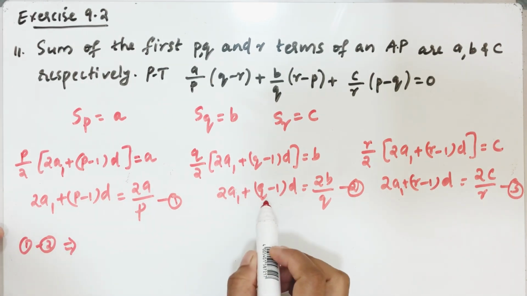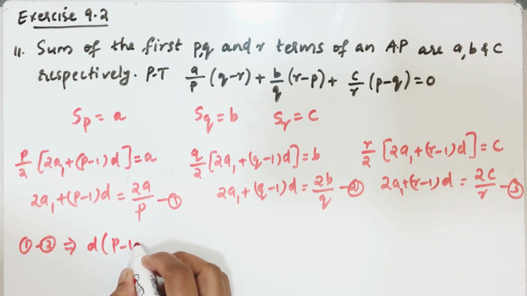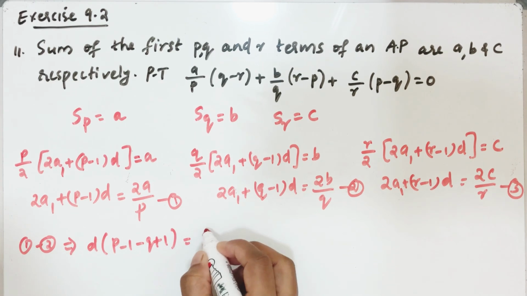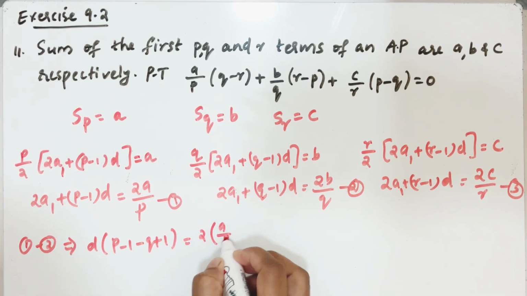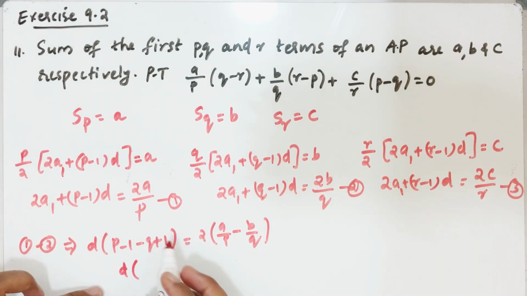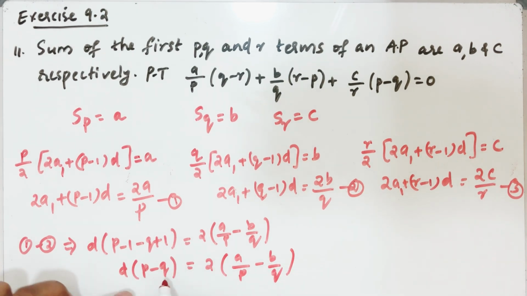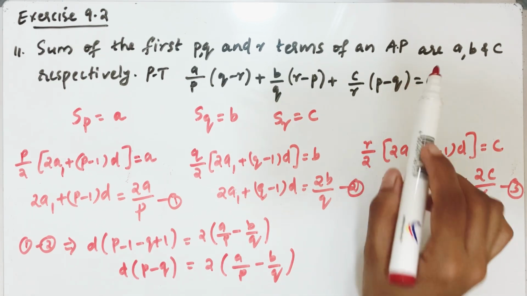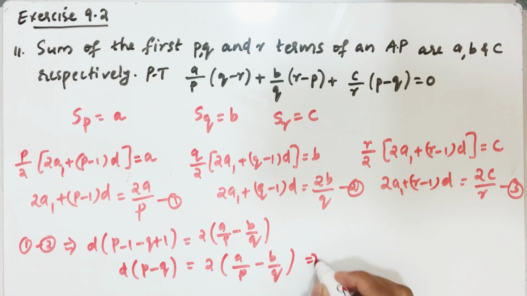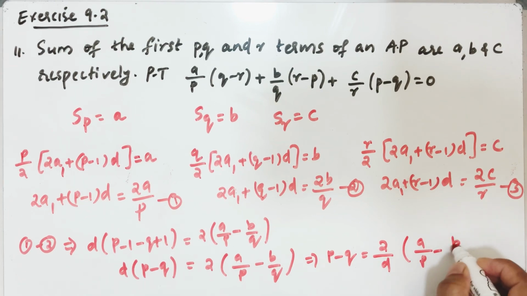Then D into P minus 1 minus of Q minus 1, that is minus Q plus 1, which is equal to 2 into A by P minus B by Q. That is D into minus 1 plus 1 is 0, P minus Q is equal to 2 into A by P minus B by Q. Or we can say P minus Q is equal to 2 by D into A by P minus B by Q. Here we have P minus Q, that's why we are writing in terms of P minus Q.